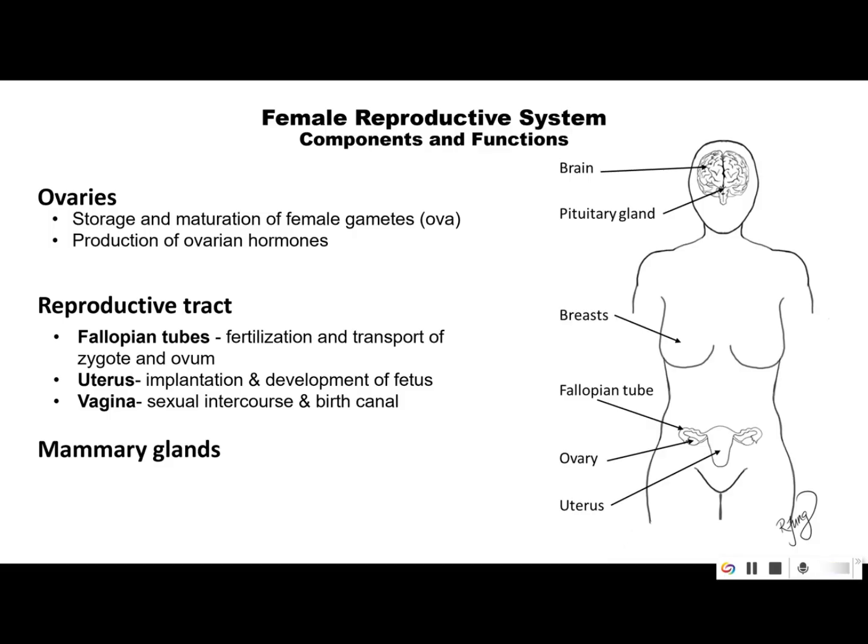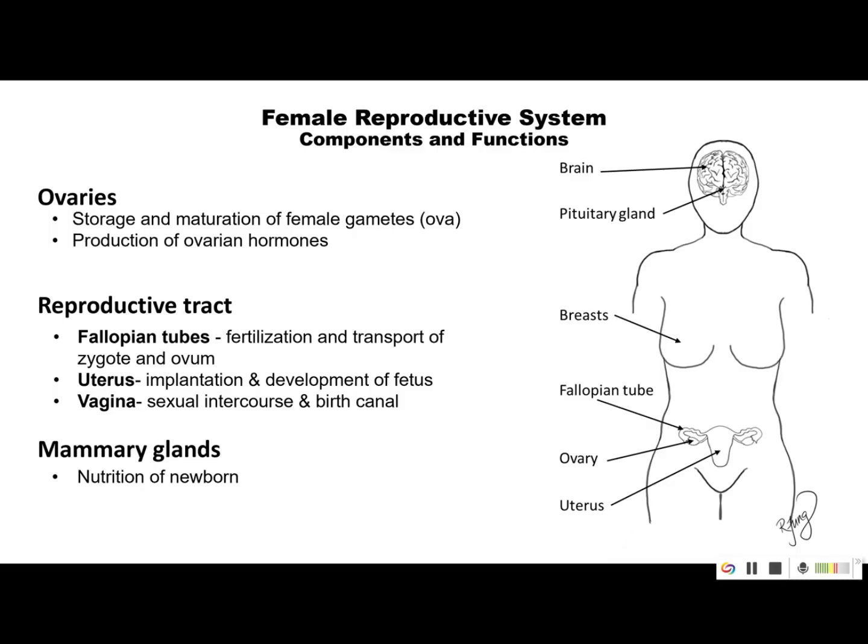The uterus is where the developing zygote will implant and where the fetus will develop. It is also critical for the delivery of the fetus. The vagina provides reception of male gametes and serves as the birth canal during parturition. The breasts or the mammary glands provide nutrition for the newborn postpartum.